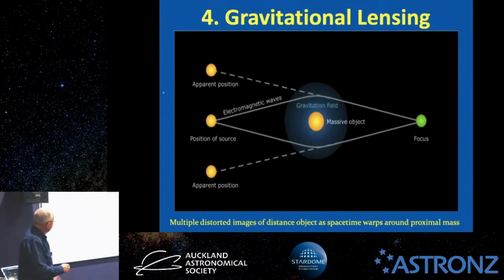Furthermore, say this is Earth here, if you can get a nice alignment of Earth with some massive object, like a galaxy cluster or a large galaxy, that's warping and bending space-time around it, that's in line with another, further distant object.